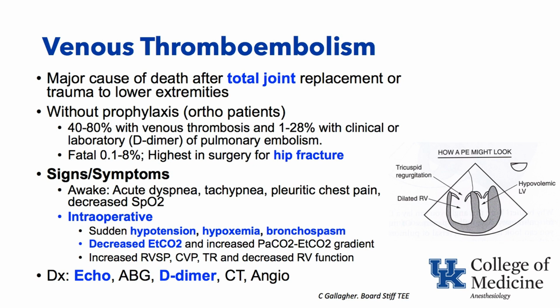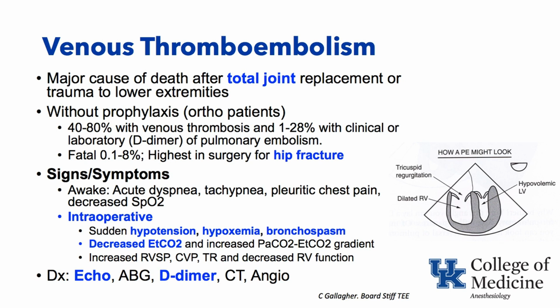And it's fatal in a substantial number of patients when it does occur, and it's highest in surgery for hip fracture. So if you have a patient with total joint replacement or hip fracture, unless there's some major contraindication, prophylaxis with anticoagulants is indicated.